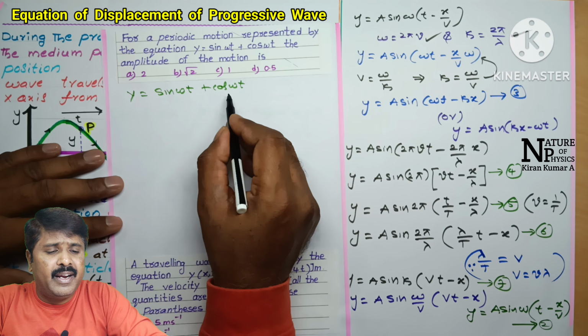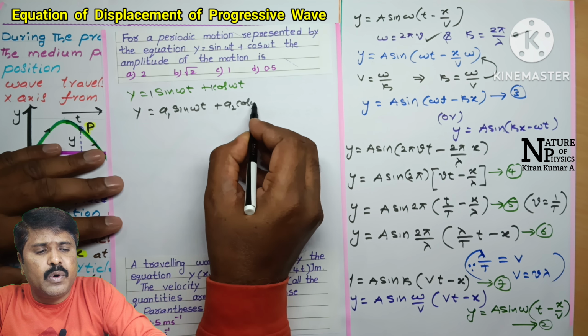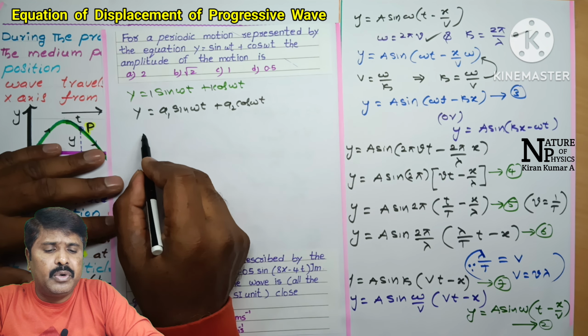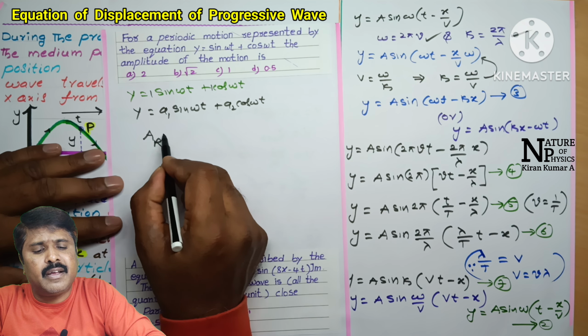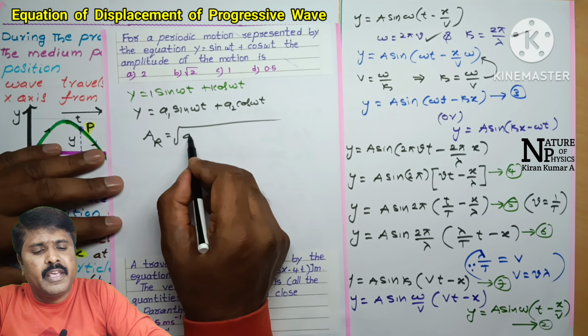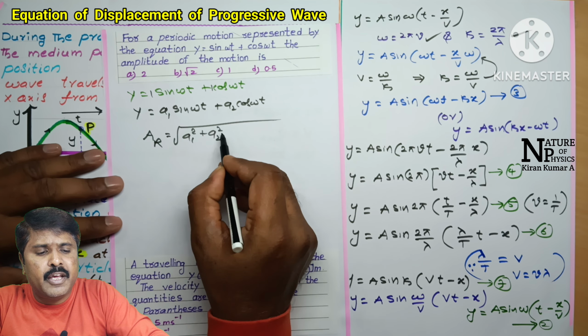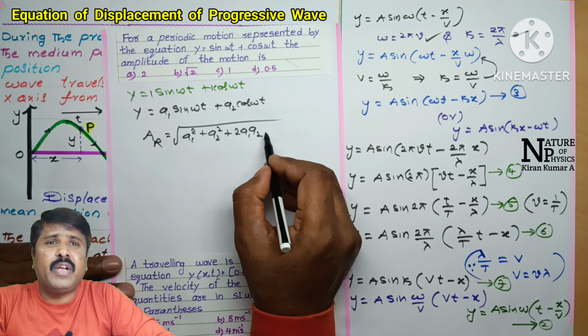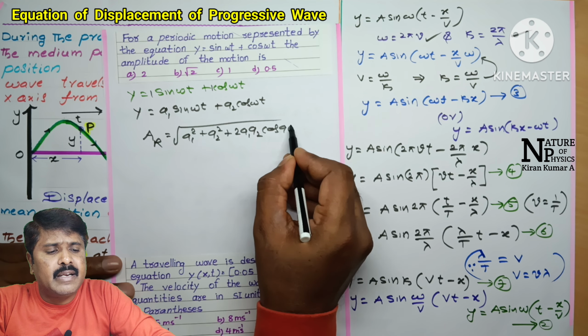Y is equal to 1 sine omega t plus 1 cos omega t, and I am going to find the resultant amplitude. The basic equation a1 sine omega t plus a2 cos omega t has resultant amplitude a_r equal to root over a1 square plus a2 square plus 2 a1 a2 cos theta, the parallelogram law of vector formula. The horizontal and vertical components are mutually perpendicular to each other, so cos 90.